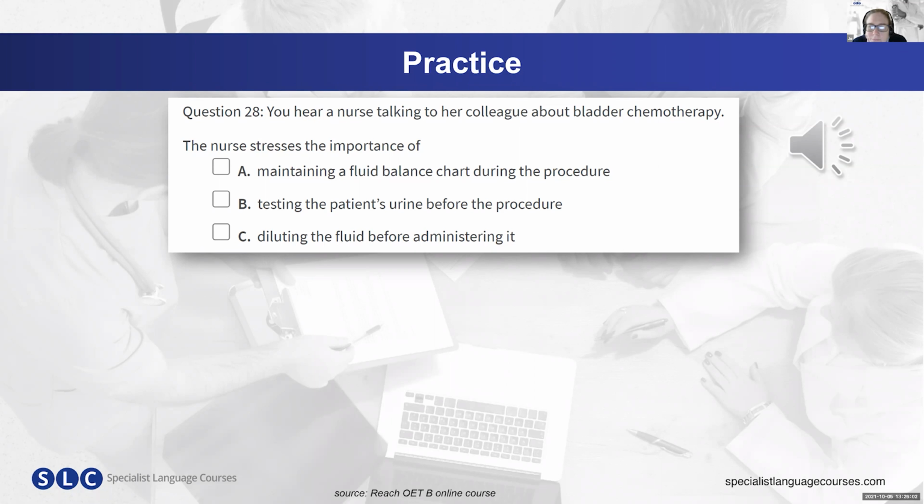Mr. Stanford is aware that he has to restrict his fluid intake 4 hours before the procedure to minimise dilution of the mitomycin. The procedure is booked for 10 a.m. He also knows not to take his morning diuretic. Okay. Can you please check his urine before the procedure and report any nitrates in his urine? If there is a chance that he has a UTI, they'll have to postpone the chemotherapy. Sure.